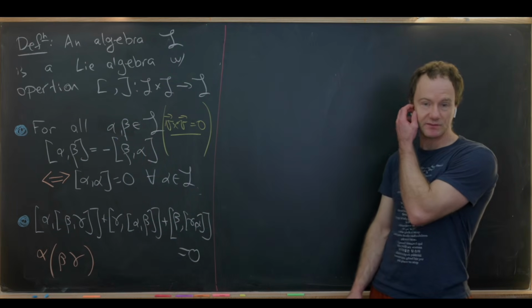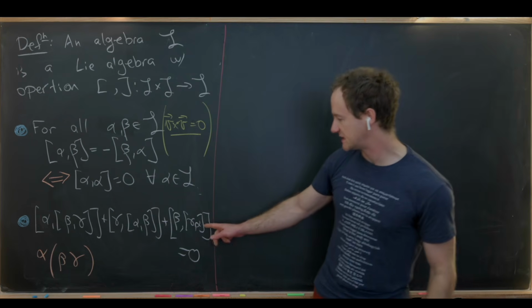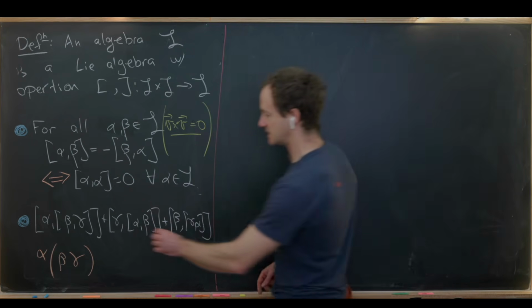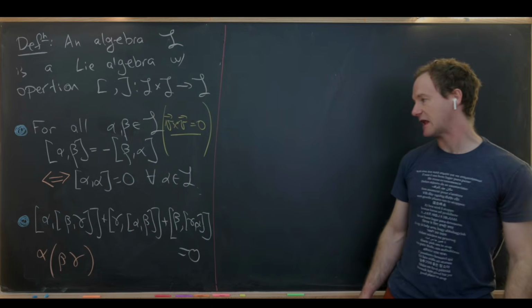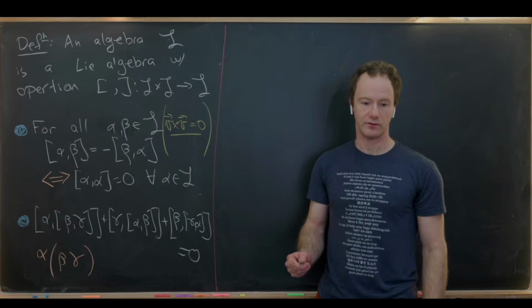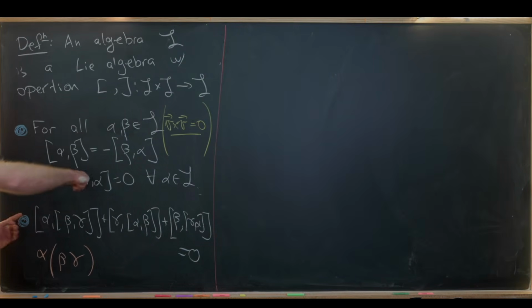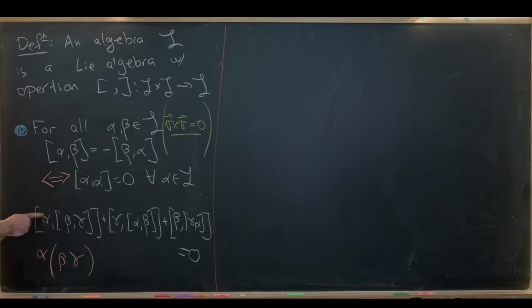So this may seem like it's just out of nowhere, but notice each of these brackets has the same structure: vector, vector, vector. And these vectors are cycled through. We start off with alpha, beta, gamma, and you can think about these going around a circle. Alpha goes to this position, beta goes to this position, and then gamma circles back to this position.